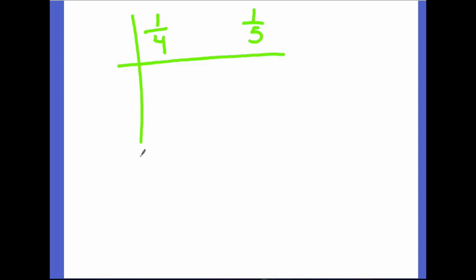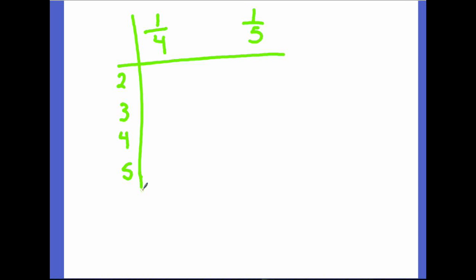I'll show you a different way to add fractions with unlike denominators. If I have the following fractions, 1/4 and 1/5, and I make something similar to this, I want to have equivalent fractions for 1/4.